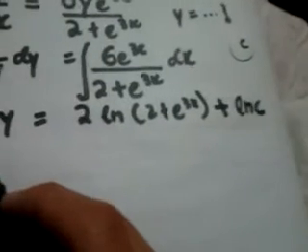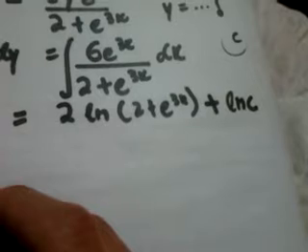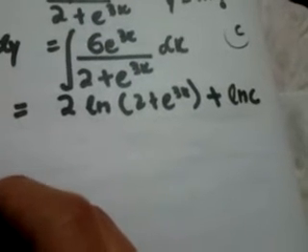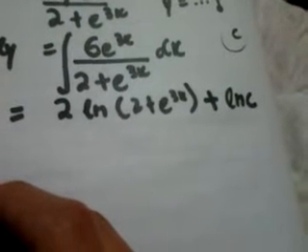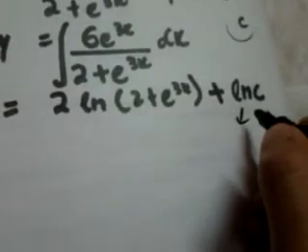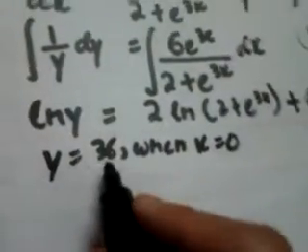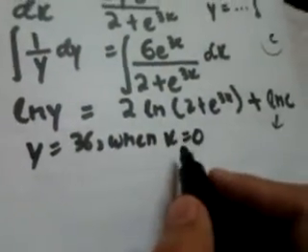Now we need to find the constant ln c. How do we do that? We have been given some values: y equals 36 when x equals 0.